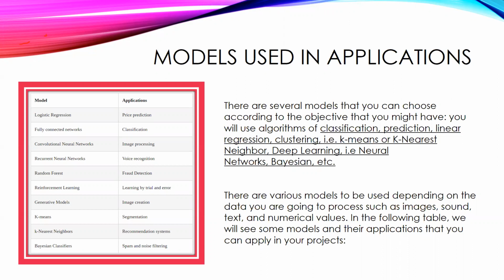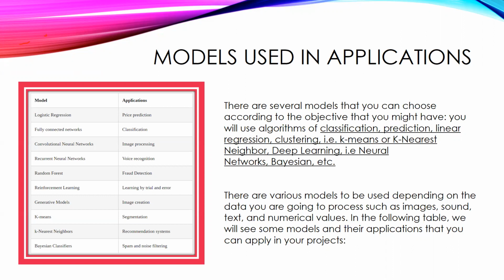And then convolutional neural networks is for image processing, image detection, things like that. That's for neural networks, which is CNN. And recurrent neural network is for voice recognition. And random forest is for fraud detection. Reinforcement learning is learned by trial and error.